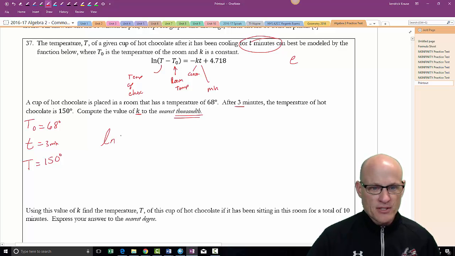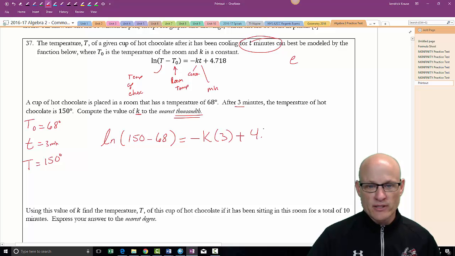The ln of 150 minus 68 is equal to negative K times 3 plus 4.718.